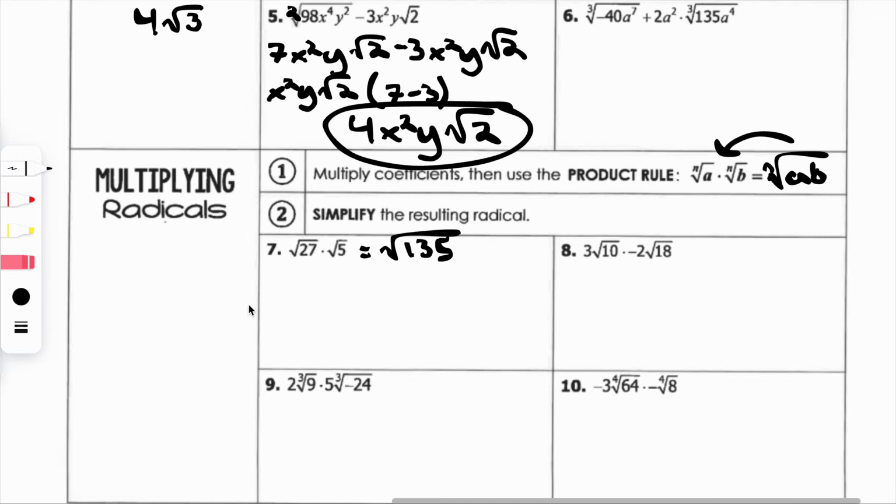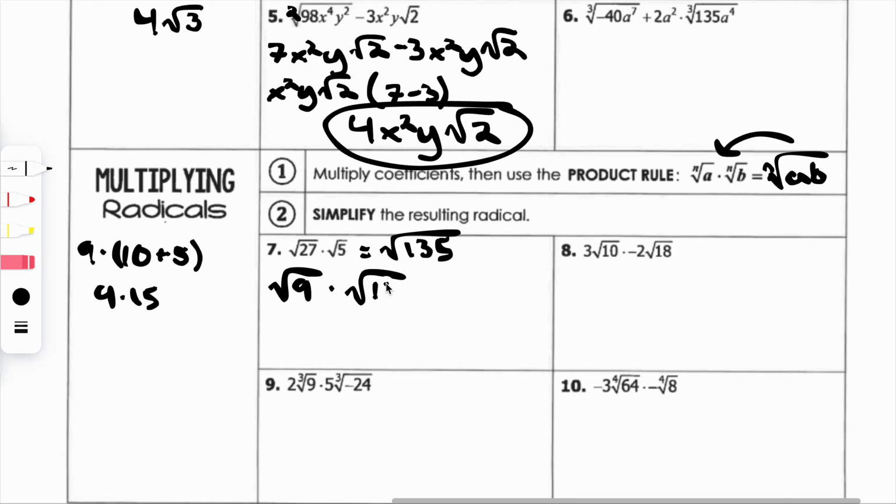So 9 does go into 135. Let's see how many times. 9 times 10 is 90, then we have 45 left over until 135. 9 goes into 45 5 times. So we can say 9 times 15 is 135.